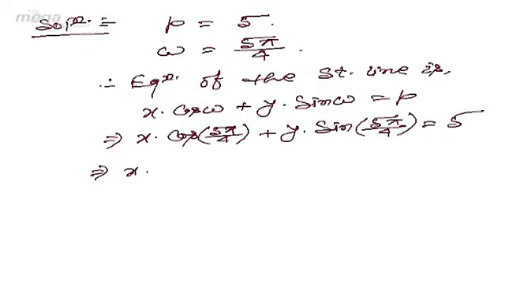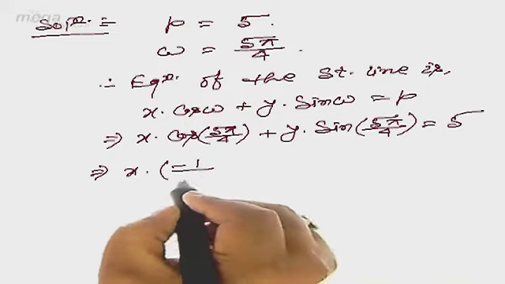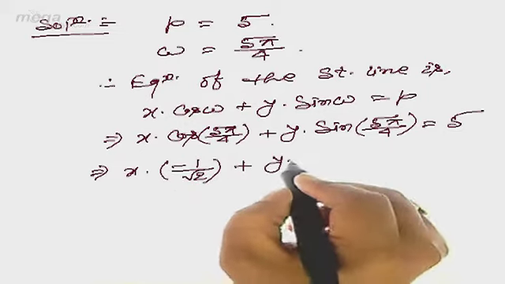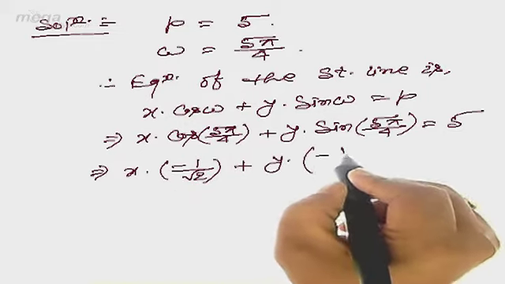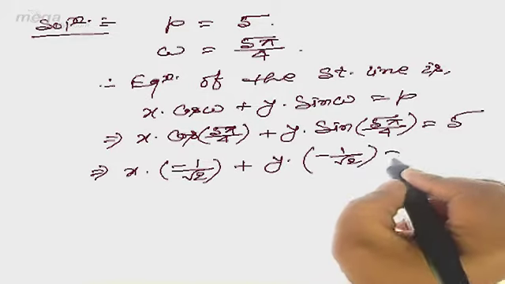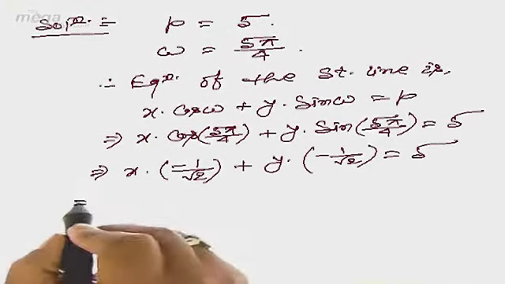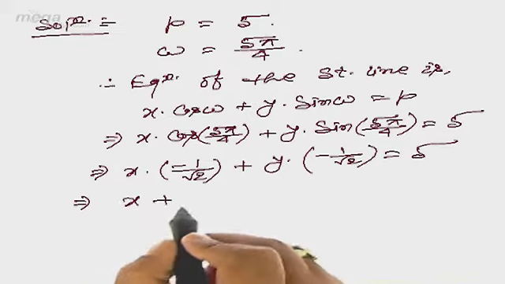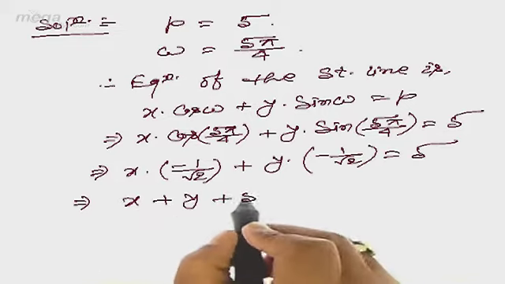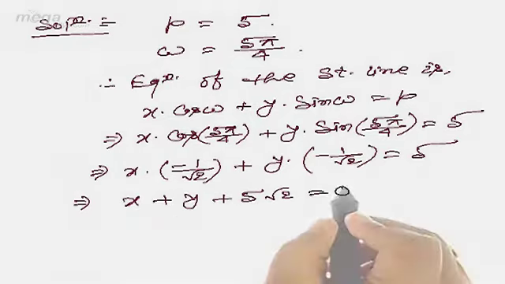All of you know the values of cos 5 pi by 4 and sin 5 pi by 4. It is minus 1 upon root 2 x plus y into minus 1 upon root 2 is equal to 5, and then after simplification you will get x plus y plus 5 root 2 is equal to 0.